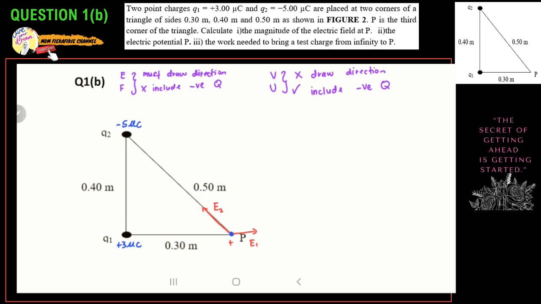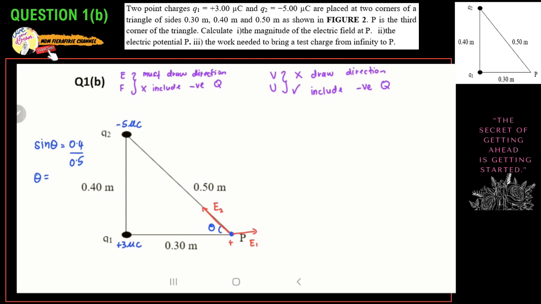Then you can start your calculation. Before we resolve E2, since the direction of E2 is at some angle theta here, let's calculate the angle theta. We can calculate it: sin theta is equal to 0.4 over 0.5.